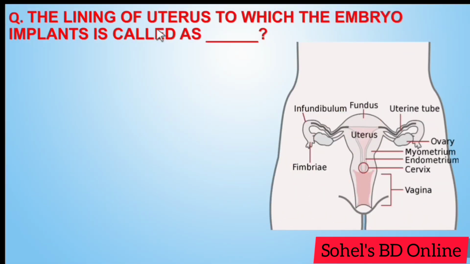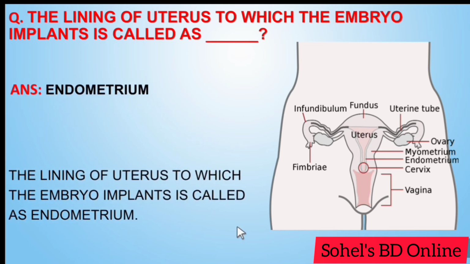Next, the lining of the uterus to which the embryo implants is called dash. Answer: endometrium. The lining of the uterus to which the embryo implants is called endometrium.